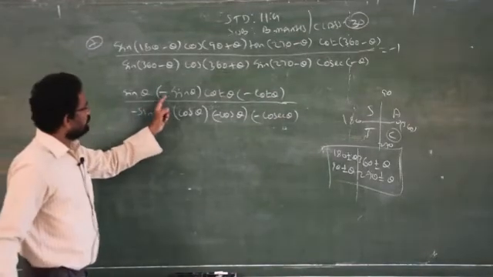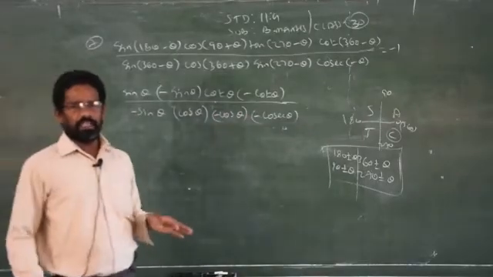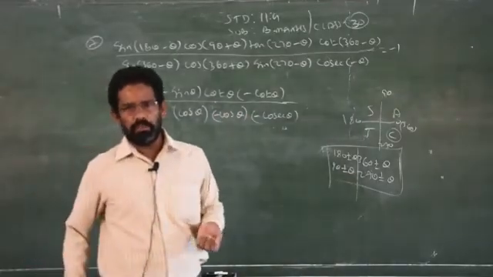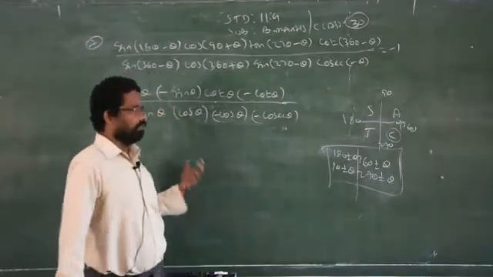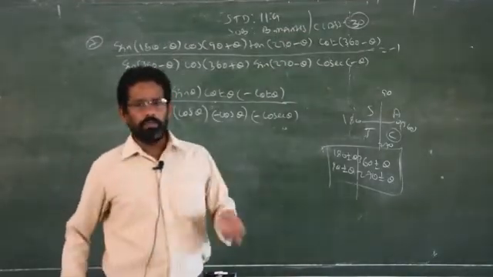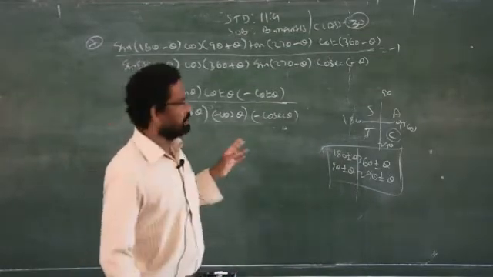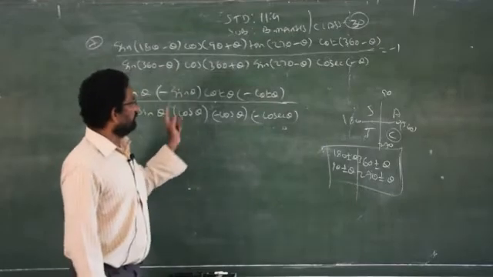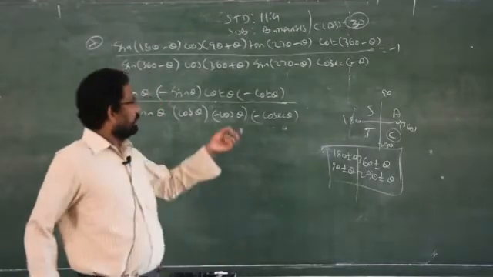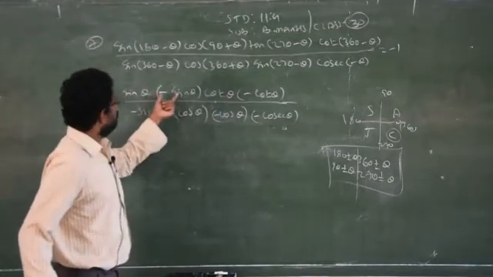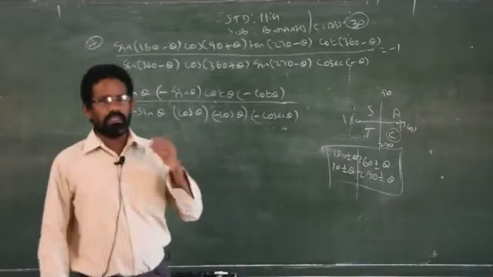How many negative signs are there? 1, 2, 3, 4, 5. When the negative sign occurs an odd number of times, your answer will always be negative. If it is an even number of times, your answer should be positive. Here the negative sign occurred 5 times. 5 is an odd number.